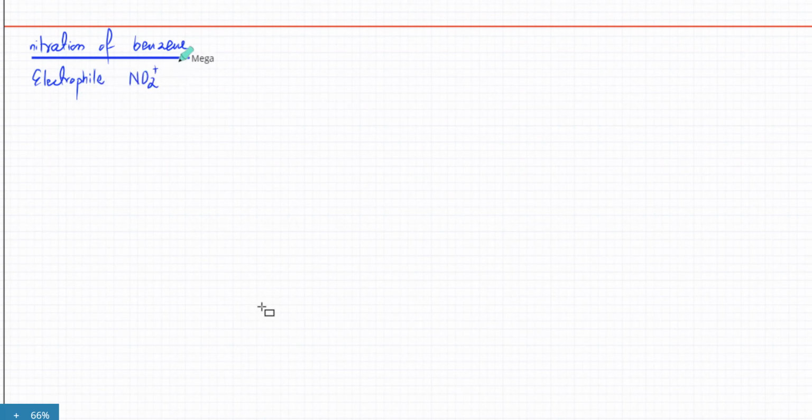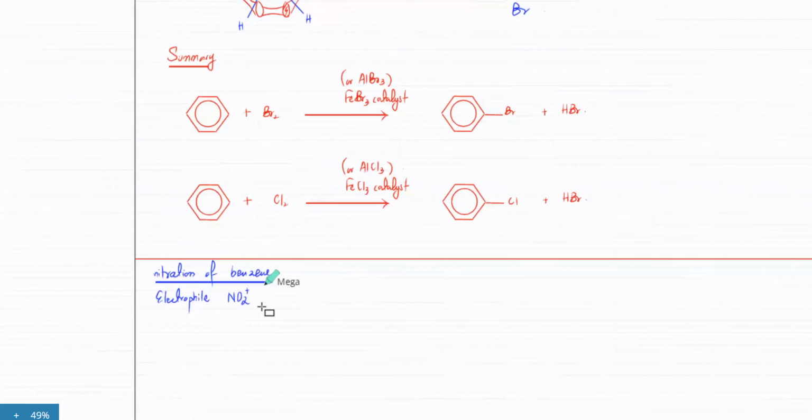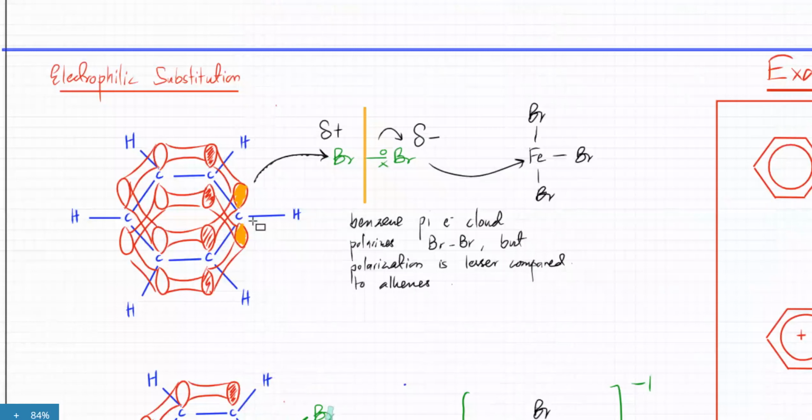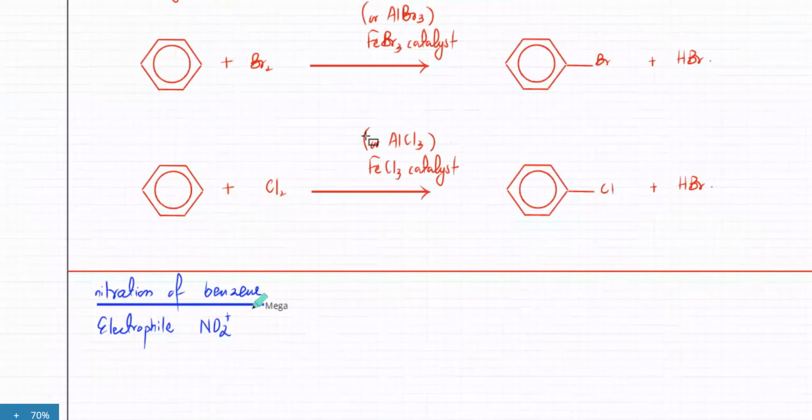And with this also, you need to polarize it first. The problem was that the bromine wasn't really interested on its own. You had to polarize it first. The same thing happens over here as well.